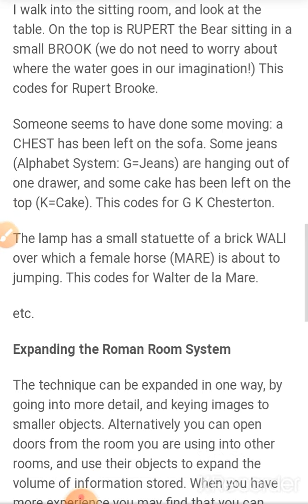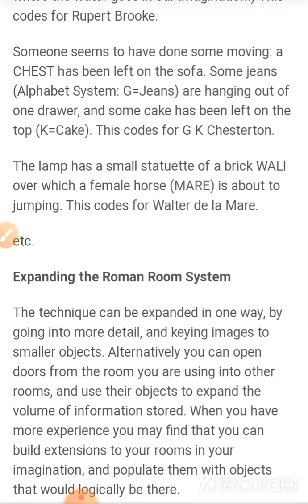etc. Expanding the Roman room system. This technique can be expanded in one way by going into more detail and keying images to smaller objects. Alternatively, you can open doors from the room you are using into other rooms and use their objects to expand the volume of information stored.